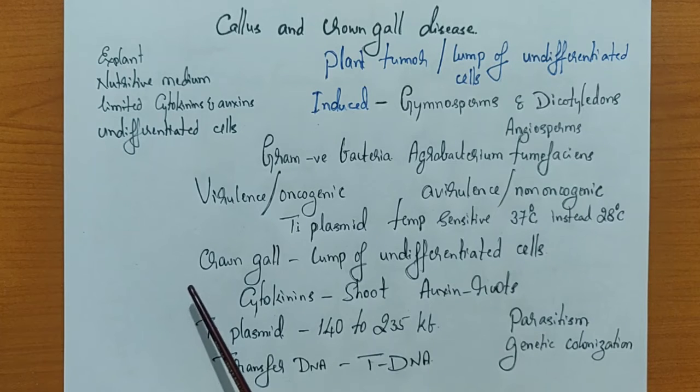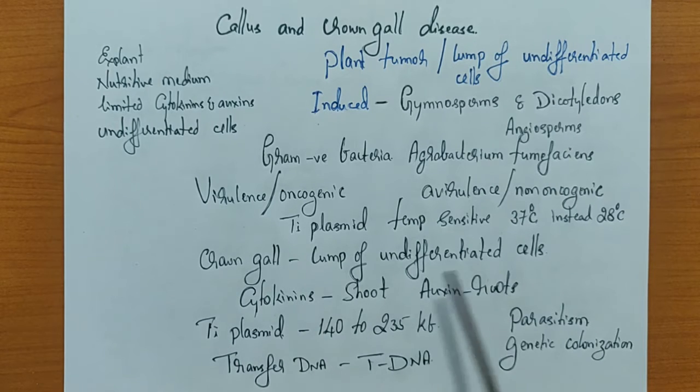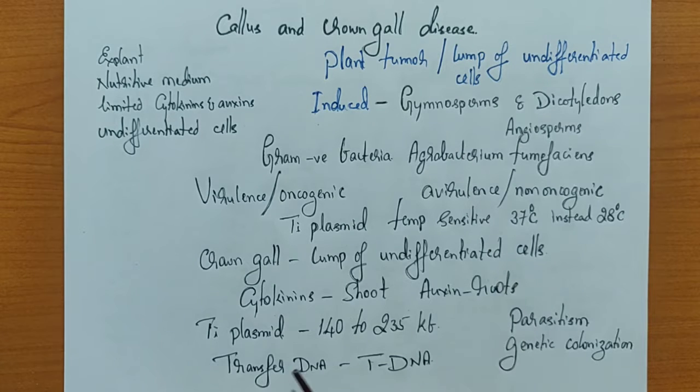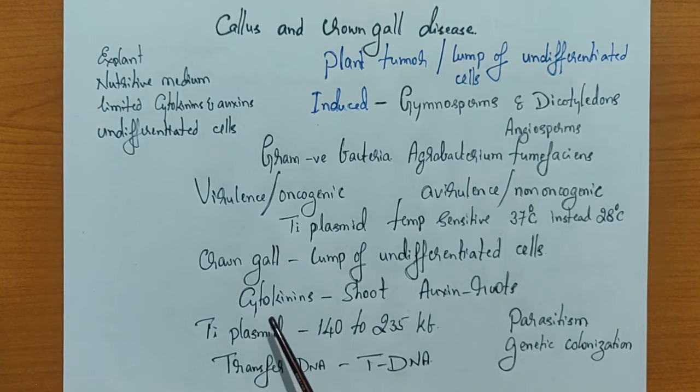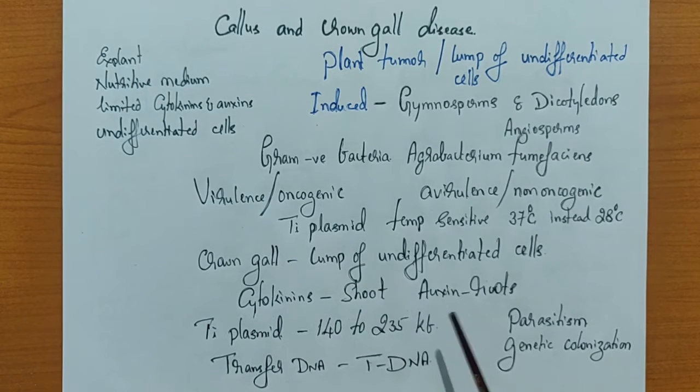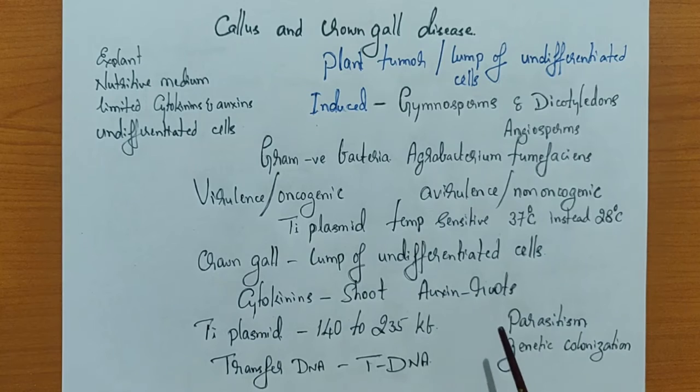Okay. So now, in the case of the Ti plasmid, what happens? How is this crown gall, a lump of undifferentiated cells, going to be developed? So now, we all know that in the case of plant hormones, cytokinins transform into shoot and auxin into root.